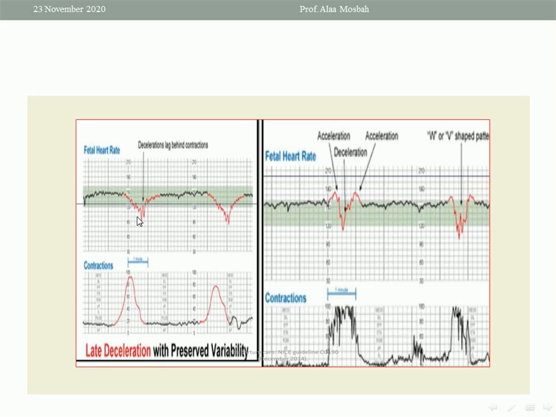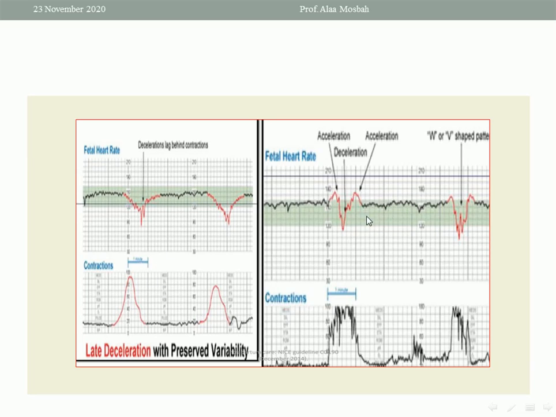So it is called late deceleration. And I told you before, late deceleration starts with the peak of the uterine contraction and ends after the end of the contraction, okay.